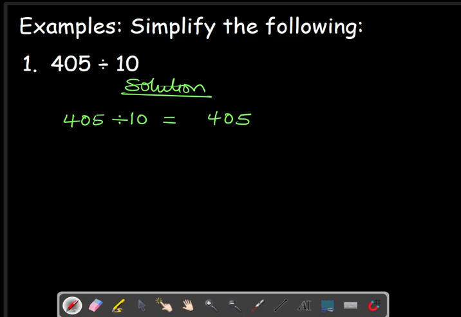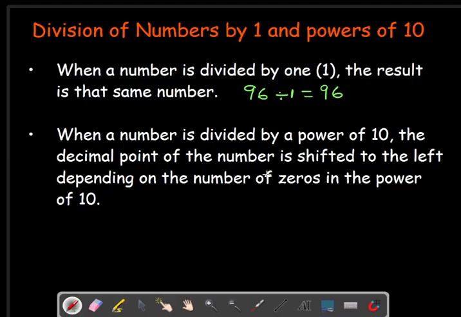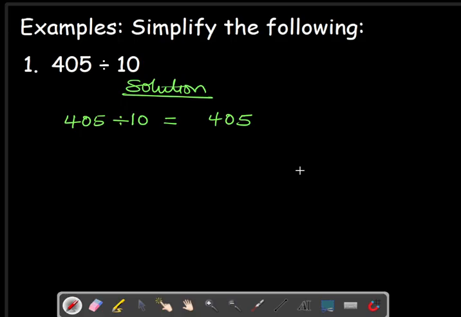The rule says when you are dividing by a power of 10, the decimal point of the number is to be shifted to the left. Recall that when we multiply by a power of 10, we shift the decimal point to the right. But when you are dividing, you shift the decimal point to the left.